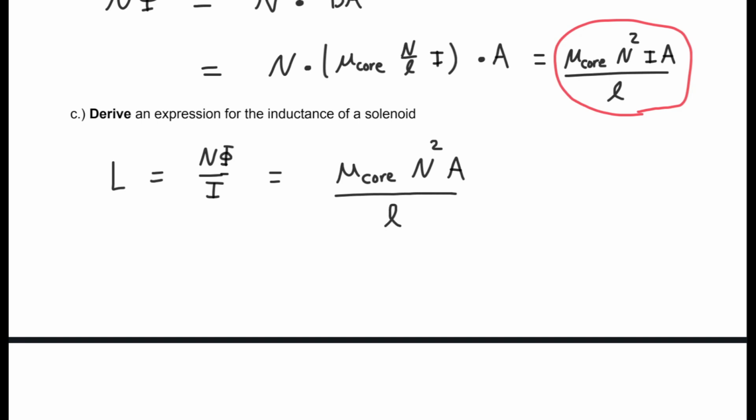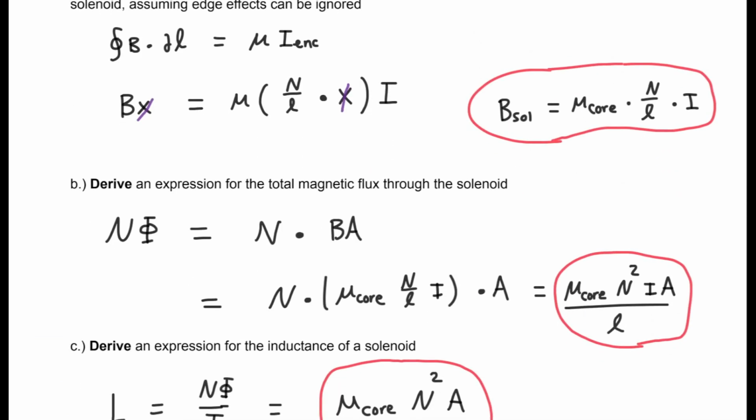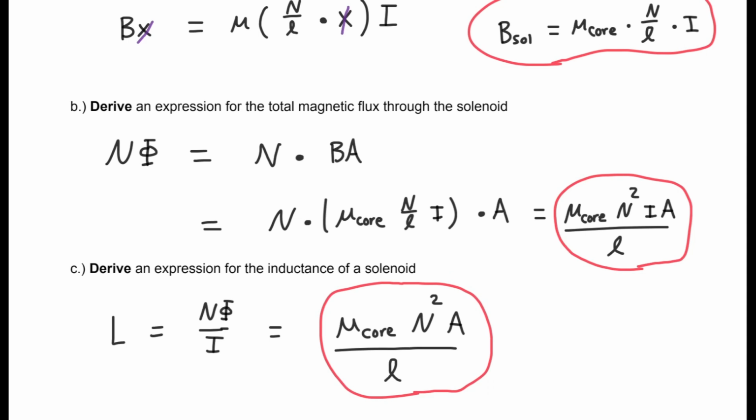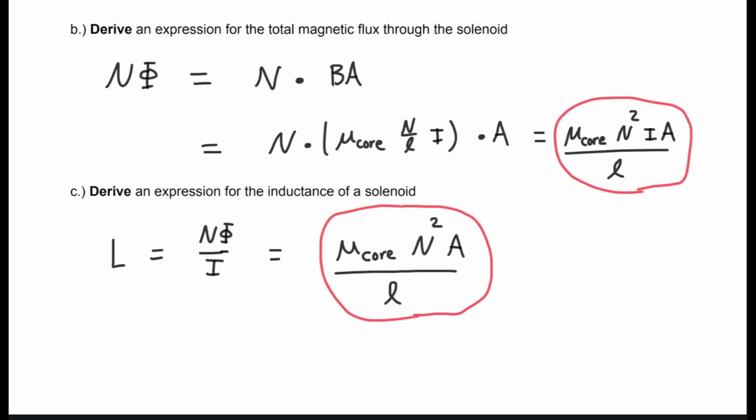This is our formula for the inductance of a solenoid, which luckily AP actually gives to us. This isn't the most used formula out there, but you should be able to derive it from first principles. So again, we just found the total flux after getting the field, and then took out that factor of I. So it's kind of everything inductance related.